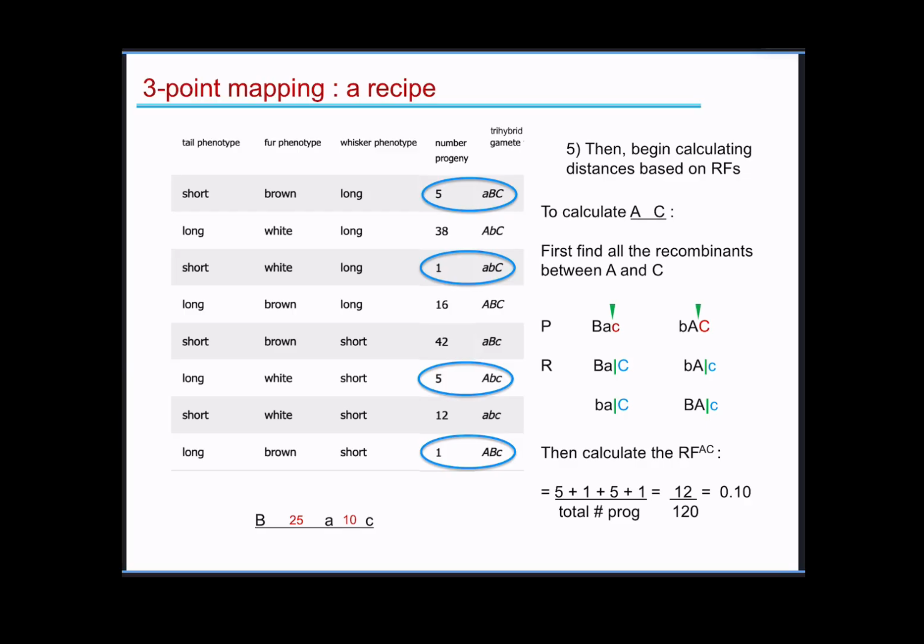For the other parental, we know that it's both dominant, so we fix dominant A and change it to recessive C. And then we go around fishing for these categories in the table. We add up all of those that show up, divided by the total, and we get 0.10. So now we know that between A and C, there are 10 mapping units. And the question in the exam might be, what's the distance between B and C, for instance? And then you say, oh, 35.